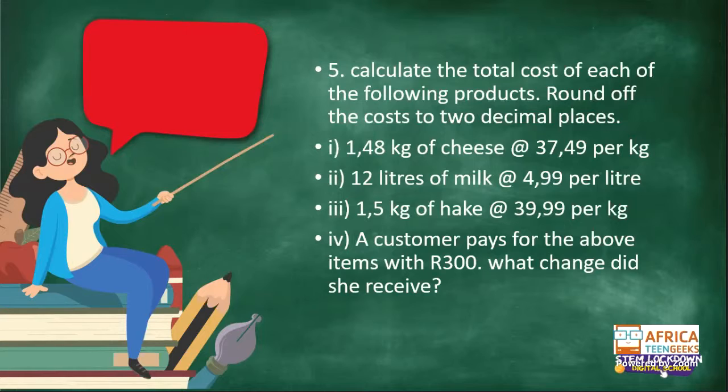Well, that's a different method. All that I need you to do is just to calculate by multiplying. I think what you need to do is just to multiply. You just multiply 39.99 by 1.5, that's all.